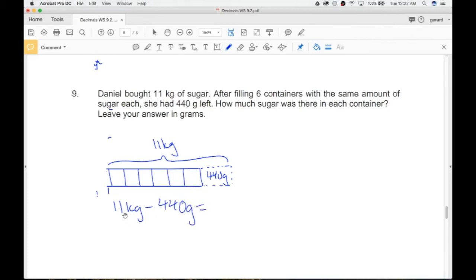To convert, you have to change this 11 kg into grams, so we multiply it by 1000. 11 times 1000 is 11,000 grams, minus 440 grams. You get 10,560 grams.